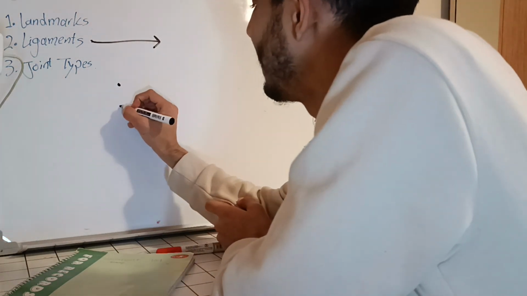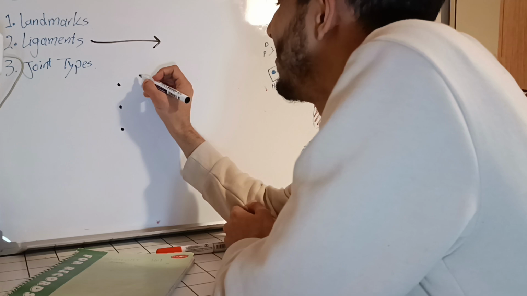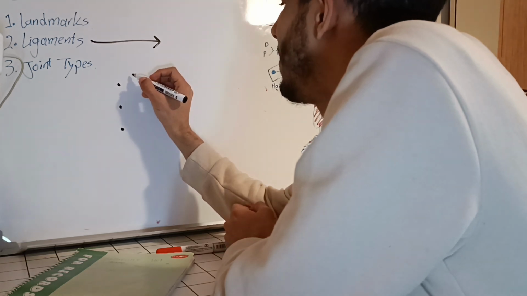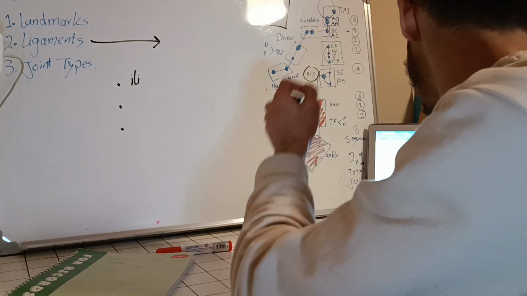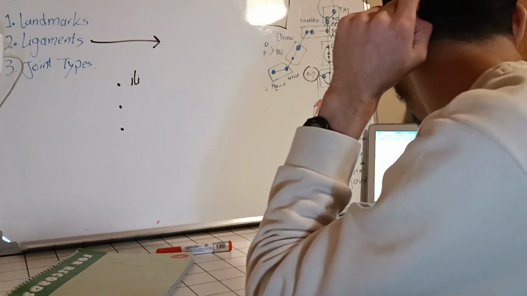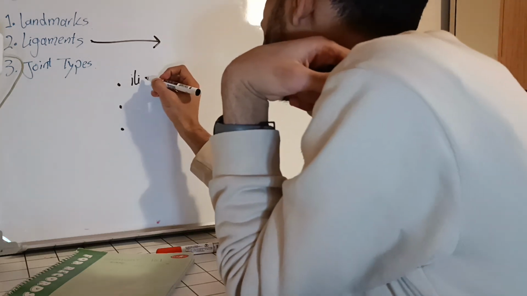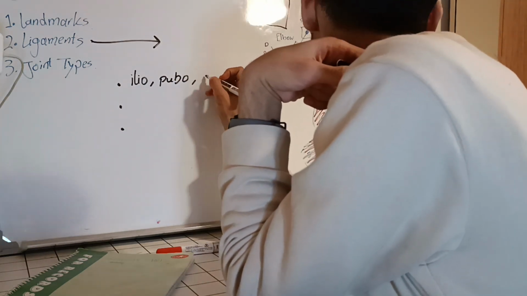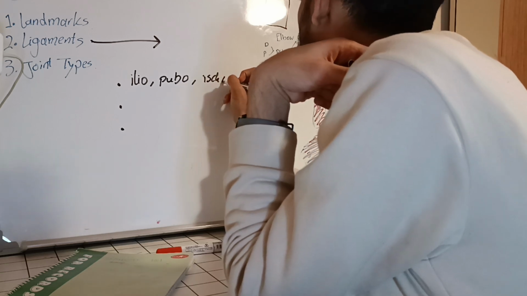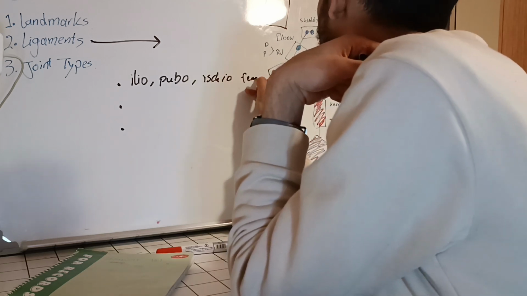Ligaments, we can have three things actually. The iliofemoral, pubofemoral, and ischiofemoral.